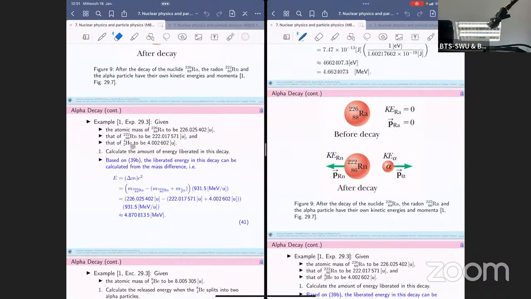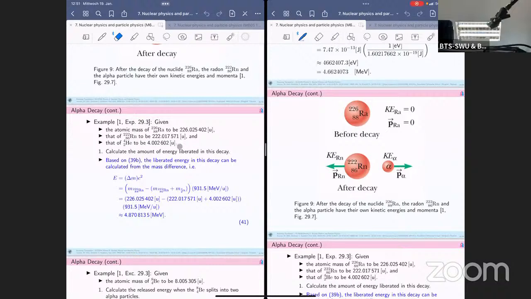It's not exactly 4. The mass number of the helium nucleus or alpha particle is 4, but the atomic mass is 4.002602.